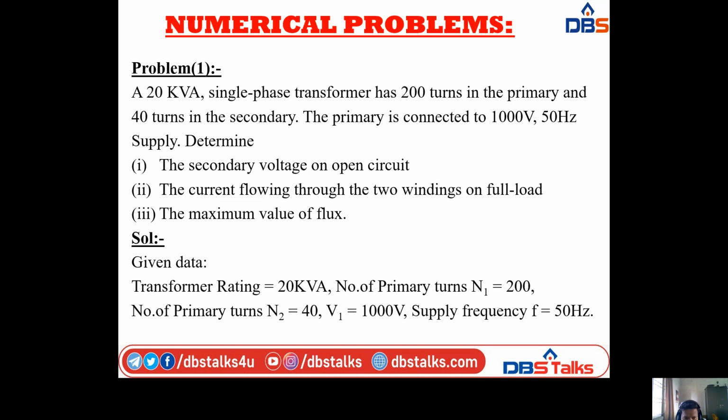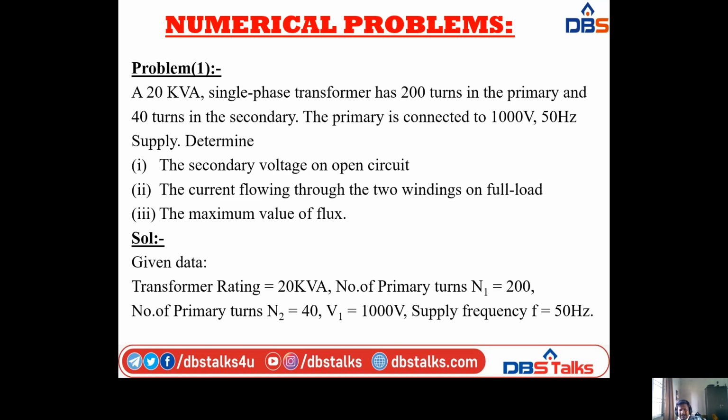So once again, go through the problem. A 20 kVA single phase transformer has 200 turns in the primary, that is N1 equal to 200, and 40 turns in the secondary, N2 equal to 40, a step down transformer. The primary is connected to a 1000 volts, 50 Hz supply, so V1 equal to 1000 volts, f equal to 50 Hz, and the rating of the transformer is 20 kVA.